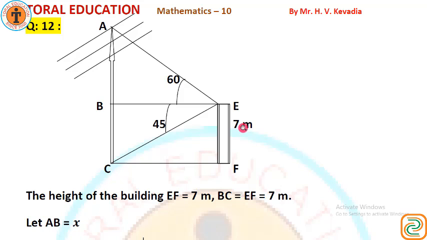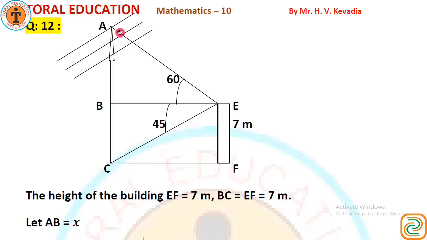Question number 12. From the top of a 7 meter high building, top is here, E, the angle of elevation of the top of a cable tower is 60.